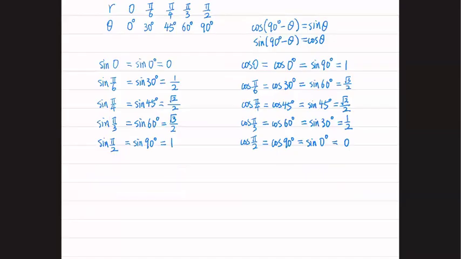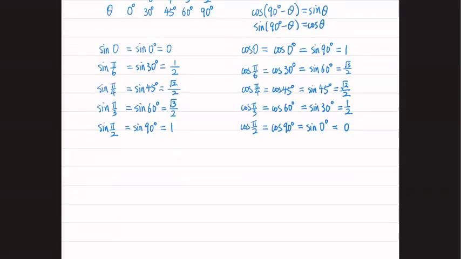Now, let's have a rough graph of this. So we will use x for the variable. We'll consider the following function. X measured in radians, sine x.